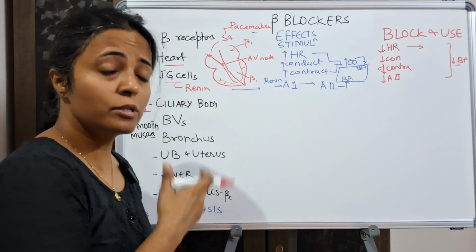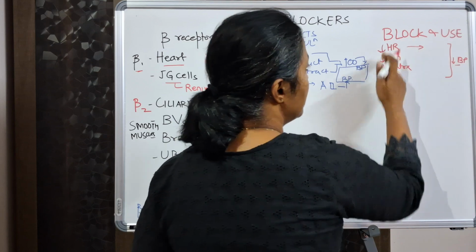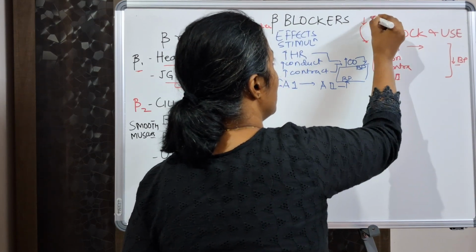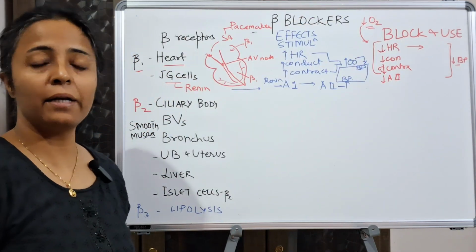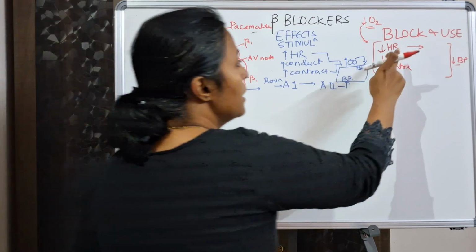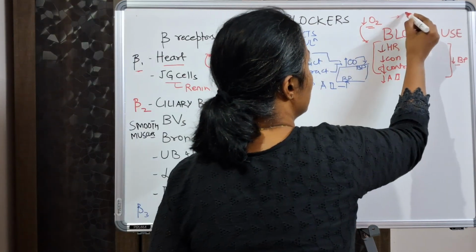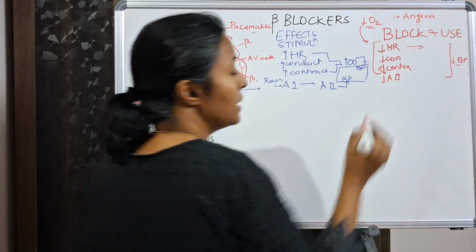What will be the other uses based on this? Can we find out? Yes, they are ultimately decreasing the oxygen demand of the heart. We have seen in the angina video that oxygen demand depends on heart rate, contractility and wall stress. So if heart rate and contractility are decreased, they can be used in angina. Yes, they are used in prophylaxis of stable angina.